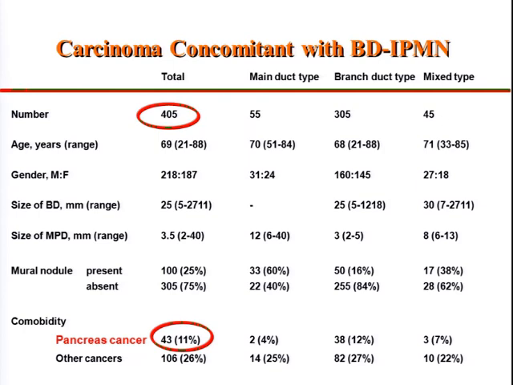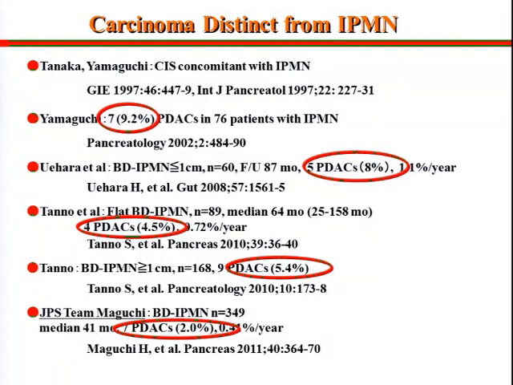Most of them are branch duct type, but main duct type and mixed type are not exception. And this phenomenon is recently drawing more attention and it's being reported that 2.0% to 9.2% of patients with branch duct IPMN had pancreatic cancer distinct from the IPMN.